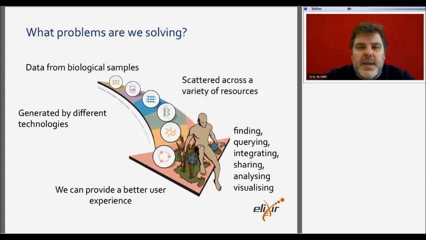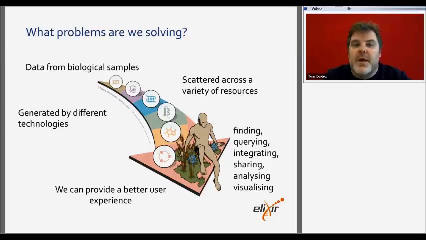So just to think a little bit about the problems that Biosamples are actually trying to solve, and just to summarize that a little bit. Effectively, we're taking data from biological samples across many different domains, across a wide variety of technologies that are currently archived in a variety of resources, and this data might be in silos based on the type of data. So gene expression data might go to Array Express within the EBI, or GEO in NCBI, for example.